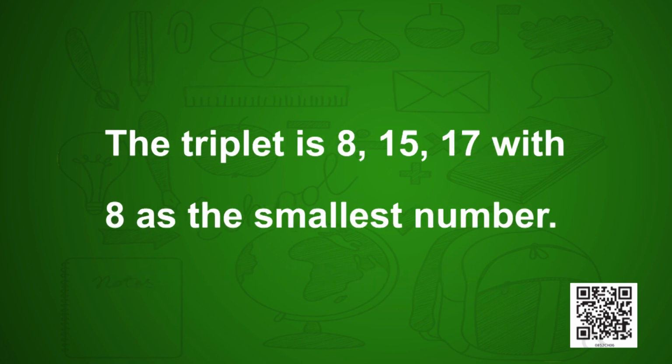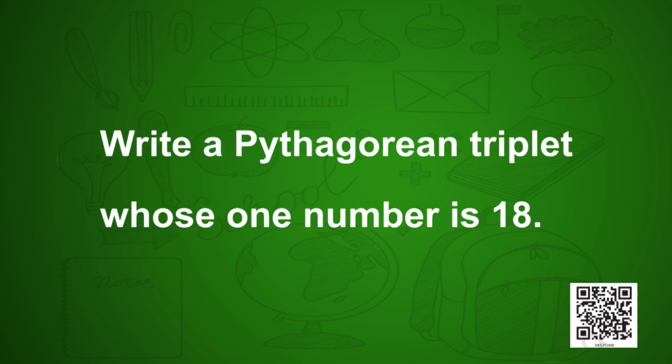So the triplet that we got in this case is 8, 15 and 17. Here clearly 8 is the smallest number. So our answer is 8, 15, 17, which is a Pythagorean triplet whose smallest number is 8.